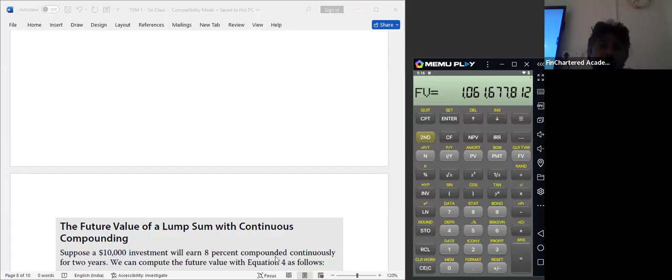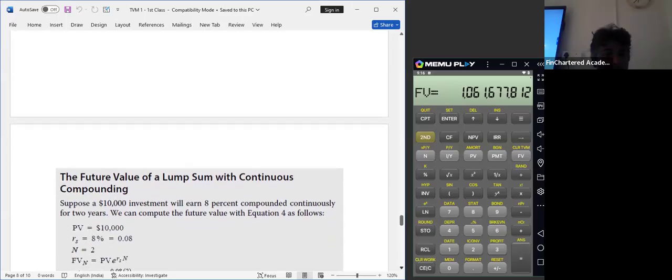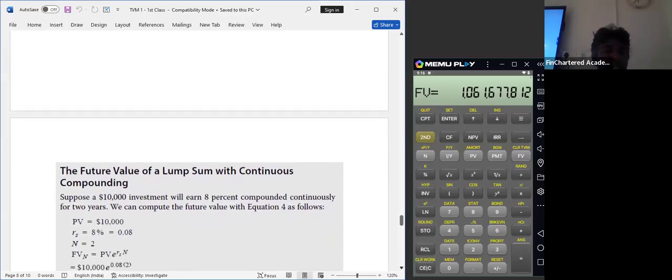So that takes us to something called continuous compounding. What continuous compounding tells you is, if you compound for every moment, what is it that you can get? That is given by this formula. Go for this one. This is saying 10,000 of investment will earn 8% compounded continuously for 2 years.